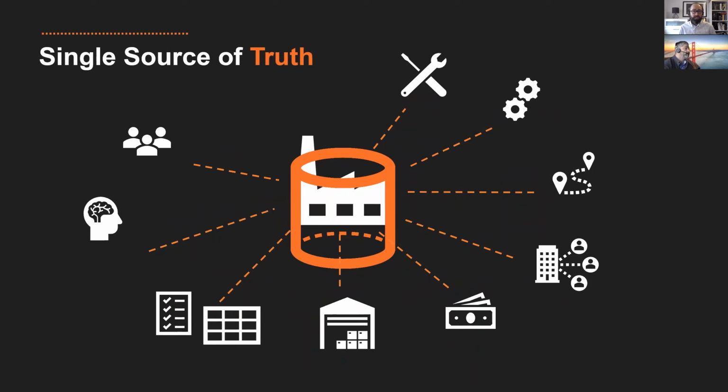Get everyone in the organization on a single platform, singing from the same hymn sheet, no duplication of data. One record is being maintained and becoming that golden record, to make sure everyone within your organization has the right information in their hands.